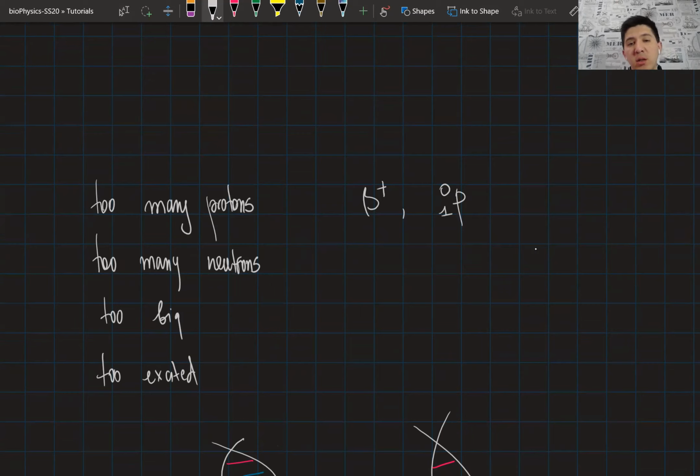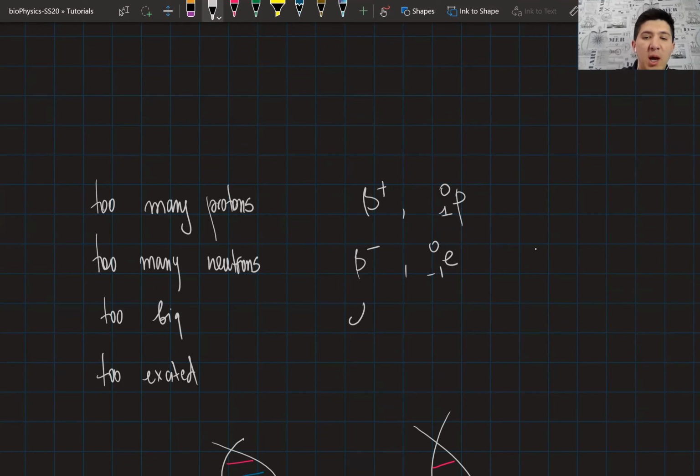If it has too many neutrons, it's going to emit beta minus radiation, or basically an electron with a negative charge and mass 0. If the nucleus is too big, it's going to produce alpha particles, or helium, with mass 4 and atomic number 2, basically 2 protons and 2 neutrons. And if the nucleus is too excited, it's going to produce gamma particles with 0 mass and 0 charge.